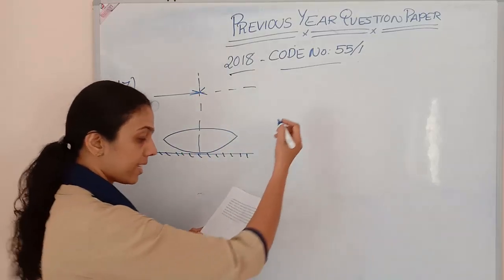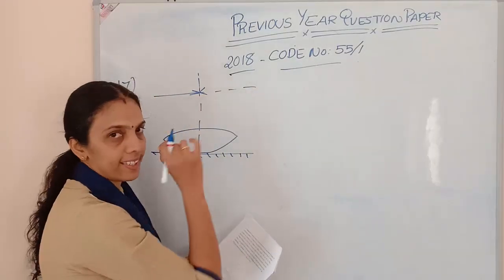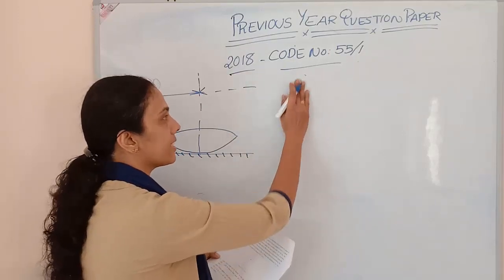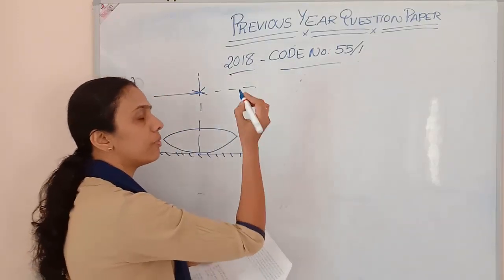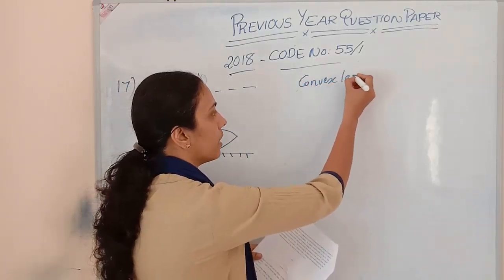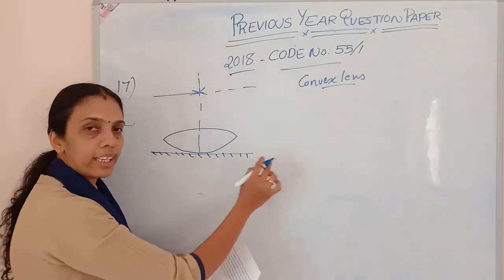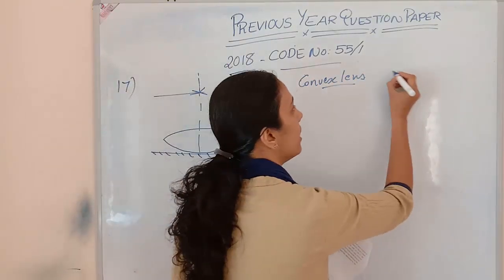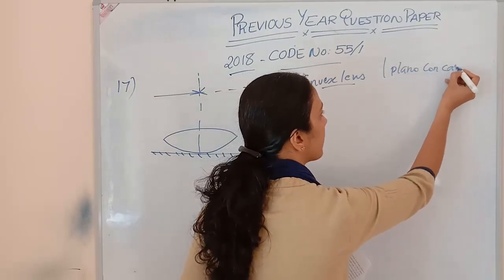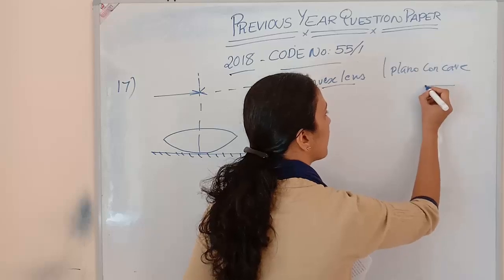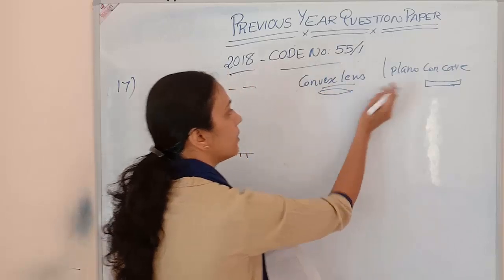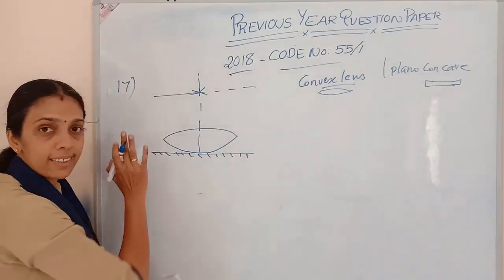When liquid is present, at the distance from the needle it is focused, so we get F1. If liquid is not there, we have a convex lens. While liquid is there, we will get a plano concave lens as well. So one convex lens and one plano concave lens, these two layers.